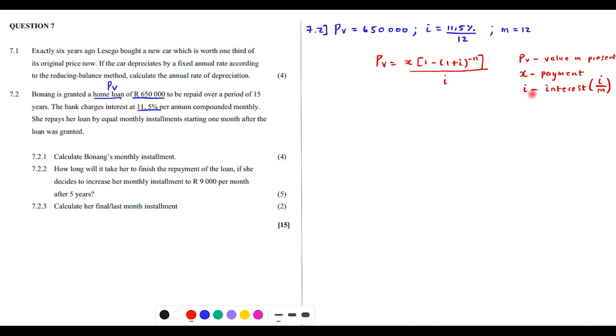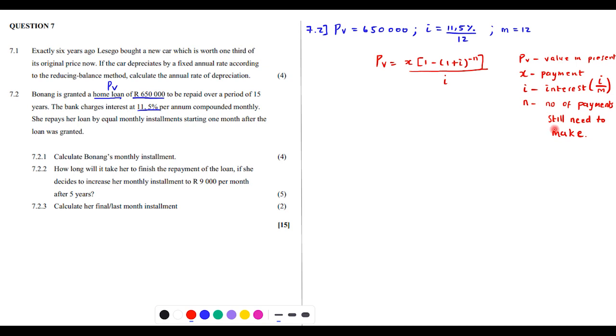And then n here is the number of payments that you still need to make. Because here the money is yours, n is counted as the amount of times you still need to pay.